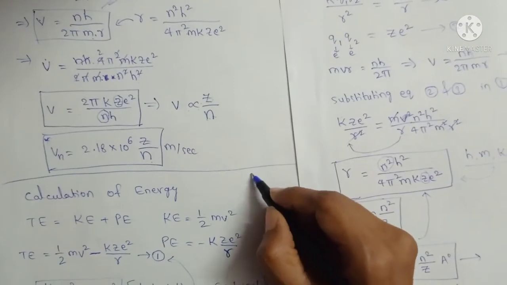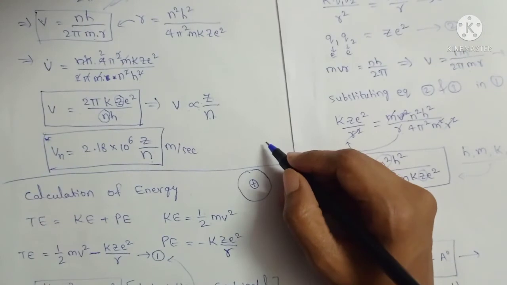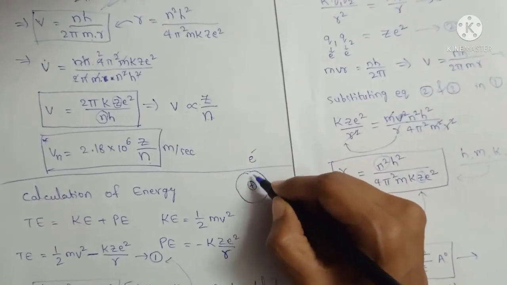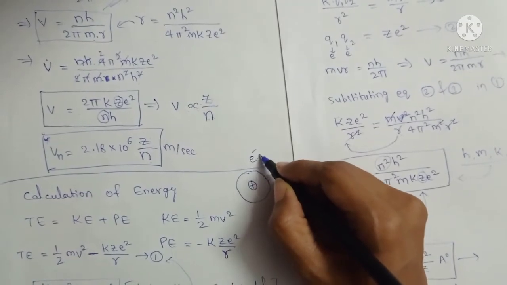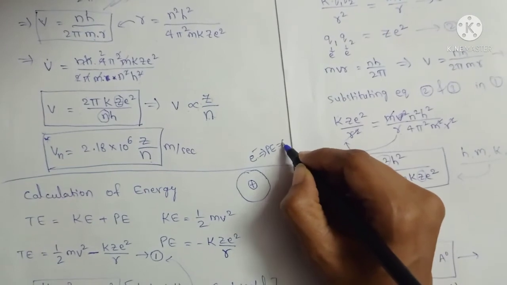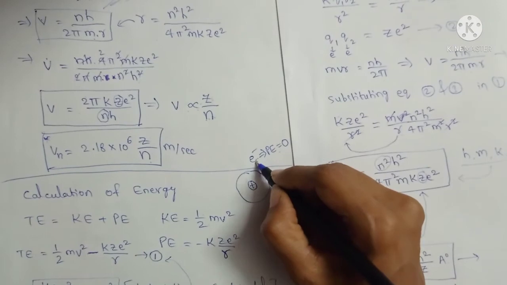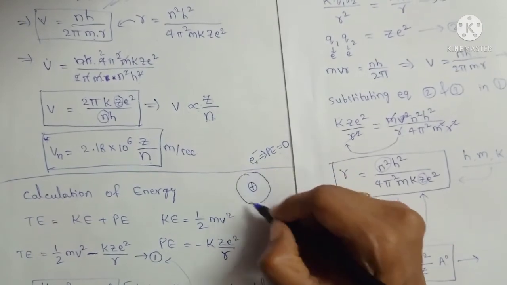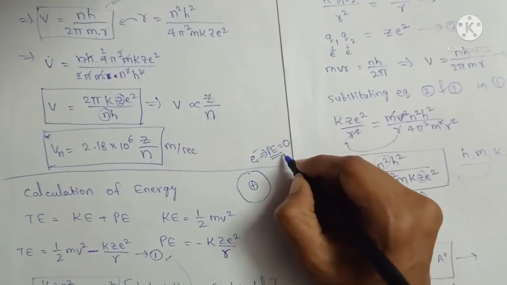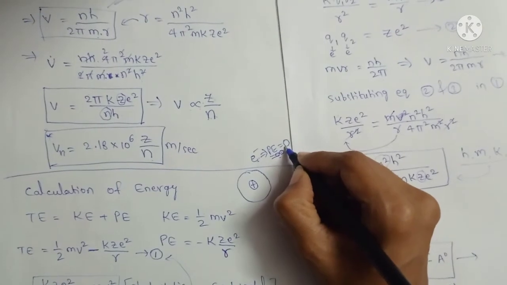If the electron is at infinity distance, not under the nuclear force, its potential energy will be 0, because it is at rest. It is not under the influence of the nucleus, it is not revolving around the nucleus. So its potential energy at infinity will be 0.